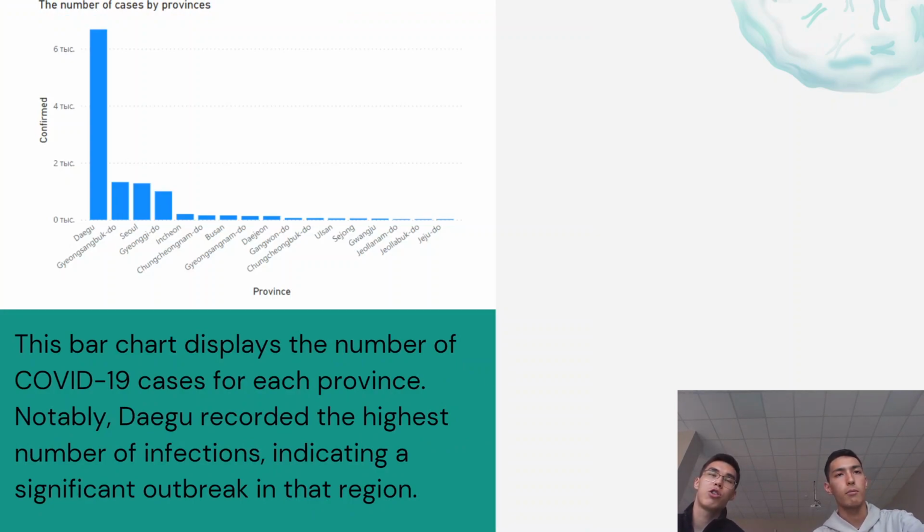This pie chart shows us the number of cases per province, and as you can see, the highest trend was in Daegu, maybe because of the highest population, and there were about 7,000 people who were infected.